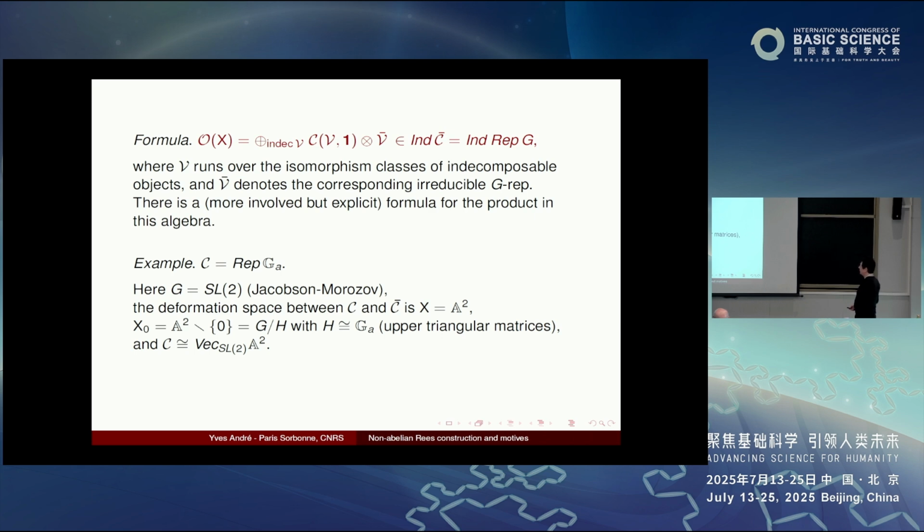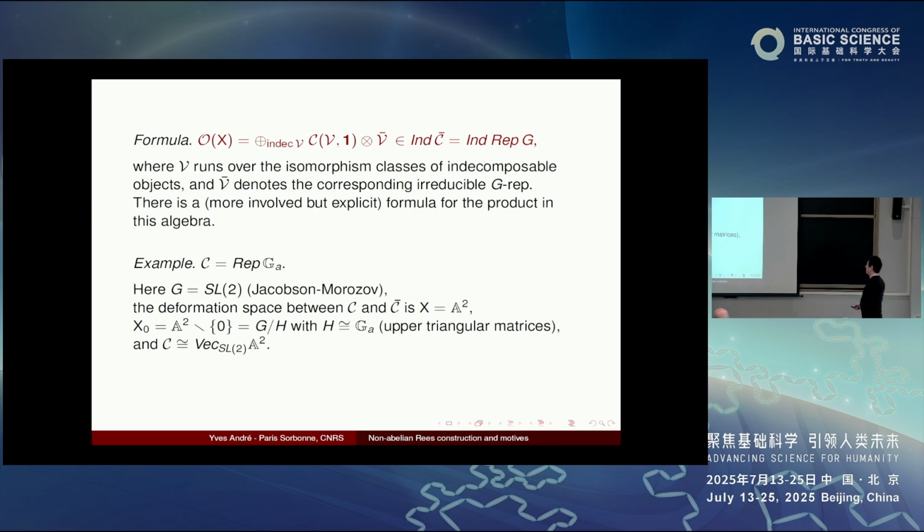And the deformation space between C and C bar, so C is representations of G_a, C bar is representations of SL2, is once again the affine plane X, but with action of SL2 now, not of G_m. So this is a pre-homogeneous affine variety, fixed pointed by 0.